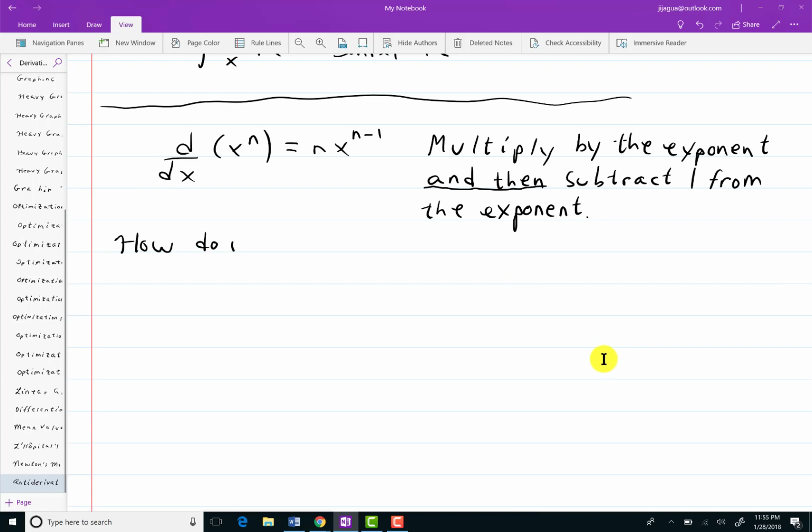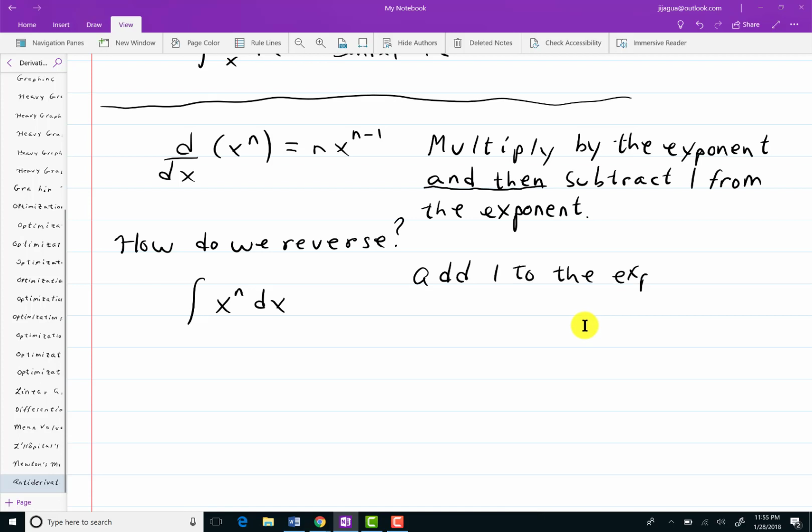So how would that look if we reversed the process? So instead, what is the integral of x to the n going to look like? I need to reverse the process by taking what I did last time and reversing the order that I did it.